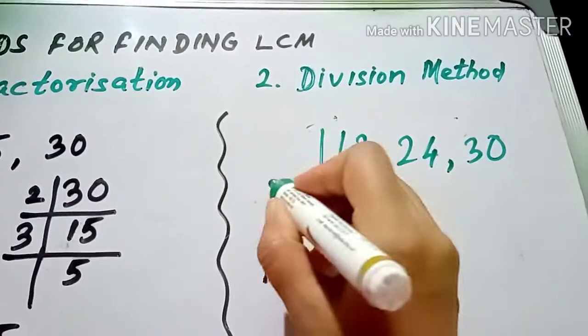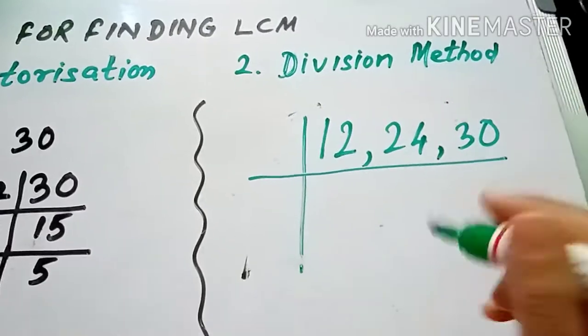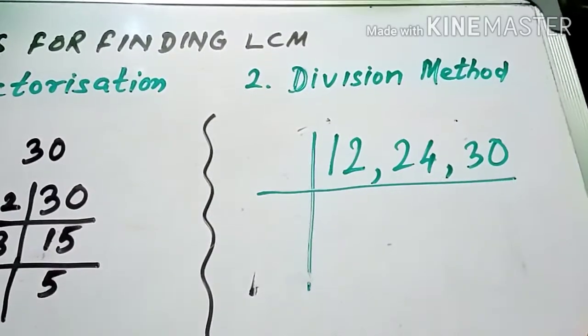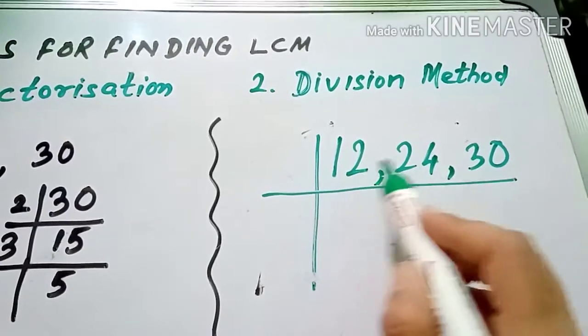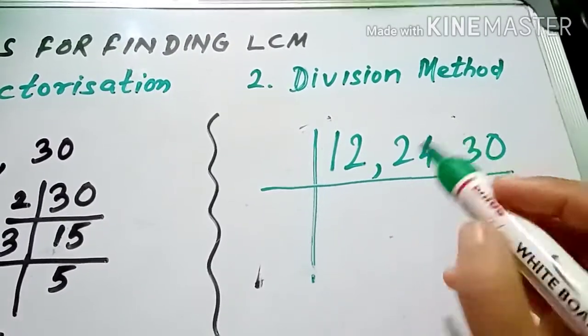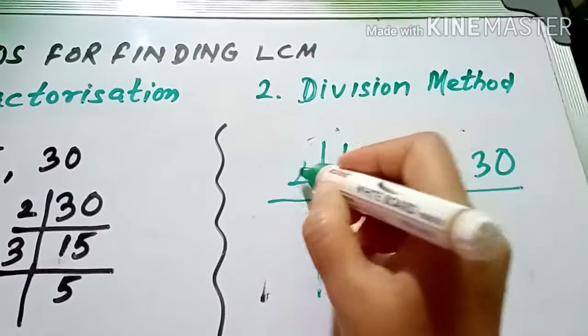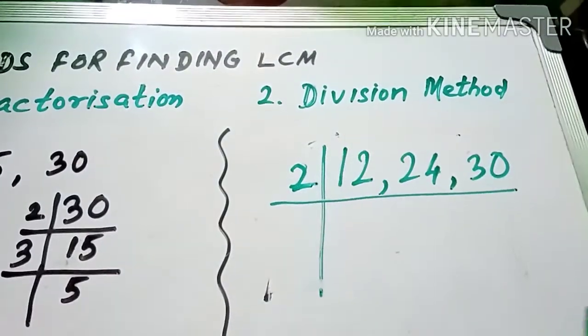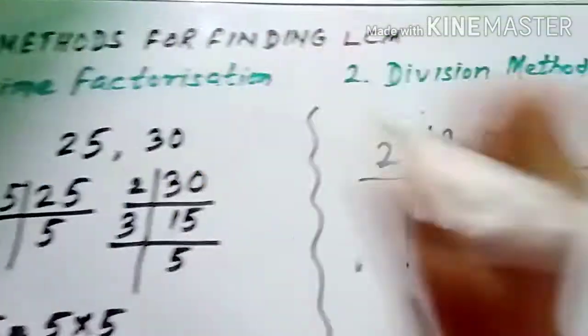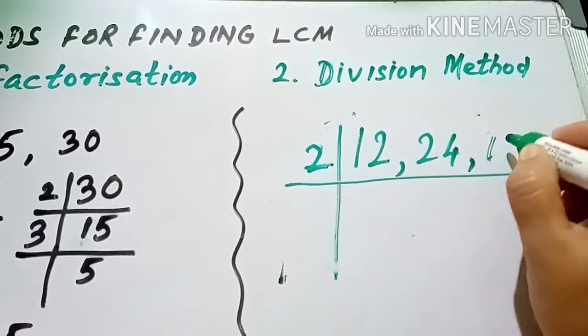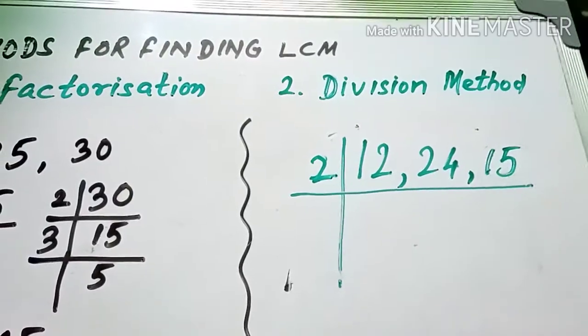At one time we will divide all these 3 numbers. Find a factor which can divide at least 2. So 2 can divide, 2s table has 12, 24, so all can be divided. To understand better, instead of 30 I write here 15. Why is it so? You see here.